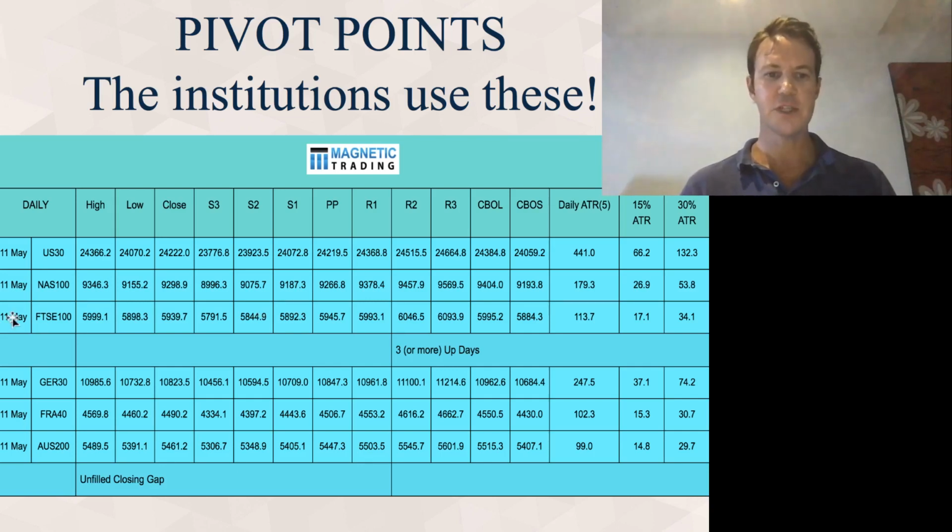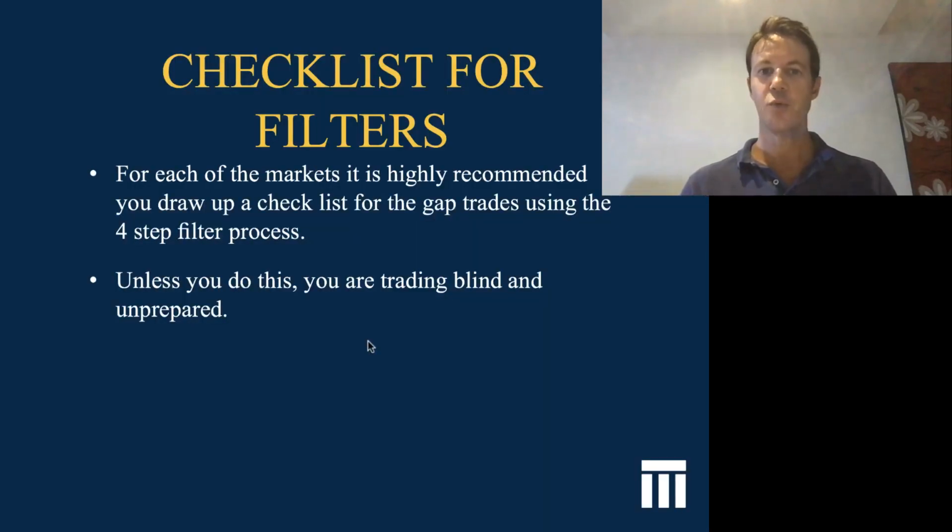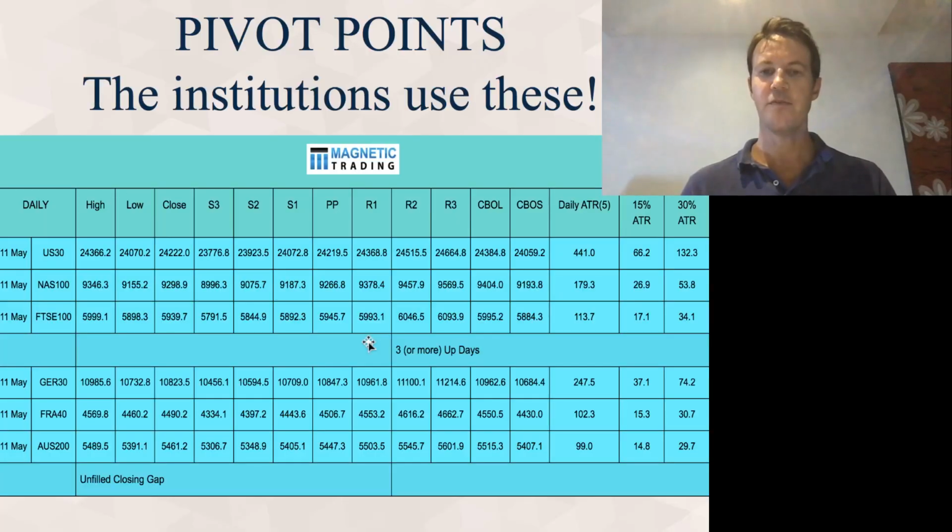Now if we take the FTSE down here, the ones we want to be focusing on is S1 pivot. S1 pivot is 5892 for yesterday, and we want to be looking at R1 pivot, which for yesterday was 5993 on the FTSE. So what we're saying for this particular filter is if the market opens between S1 and R1, then there's a good chance the gap's going to fill.